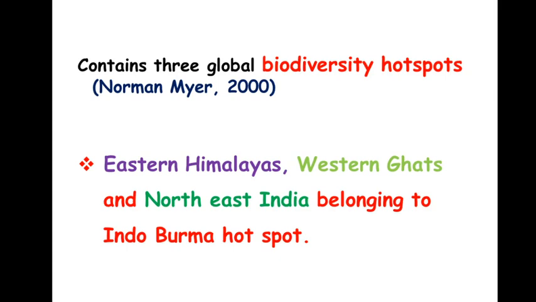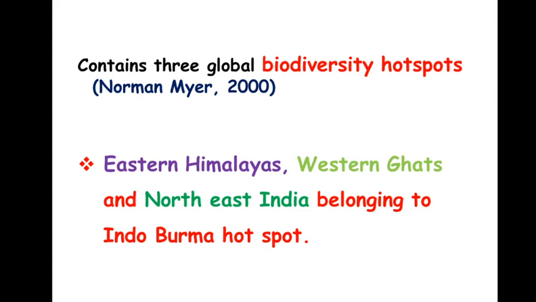He first proposed this concept in the late part of the 20th century, and later modified it again in the year 2000. He and his team identified 25 areas in the world which they named biodiversity hotspots.